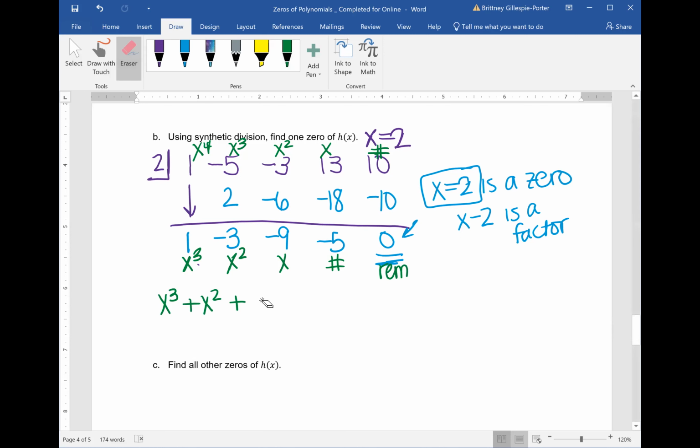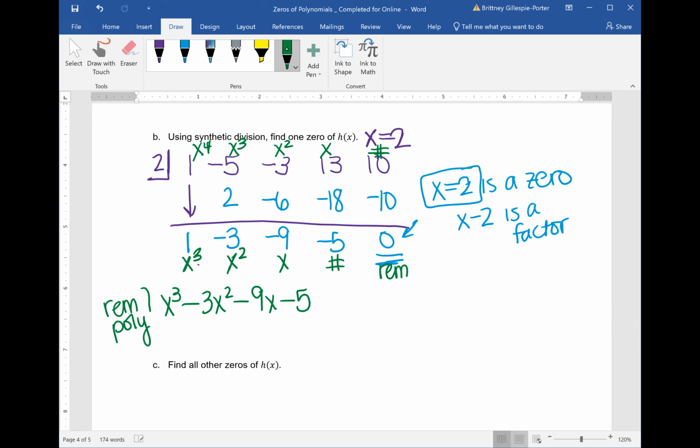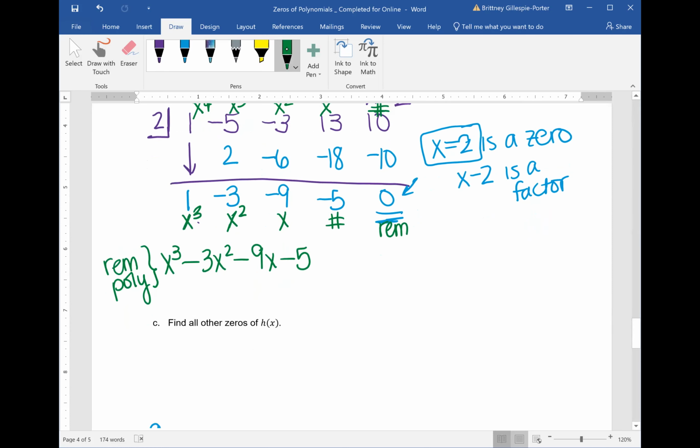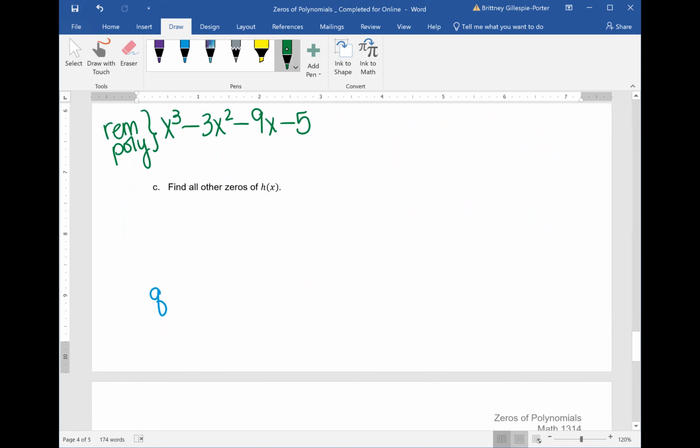Try this again. Our remainder polynomial that we're looking at is x cubed minus 3x squared minus 9x minus 5. We're going to take this with us into the next part where it says find all other zeros.